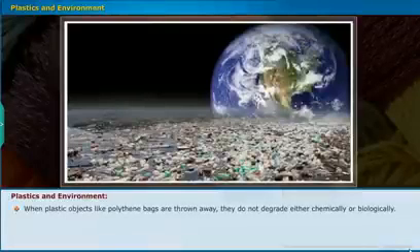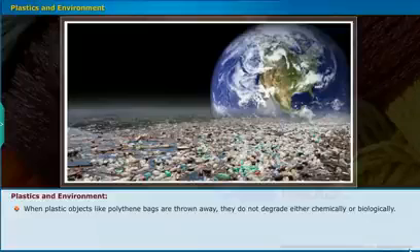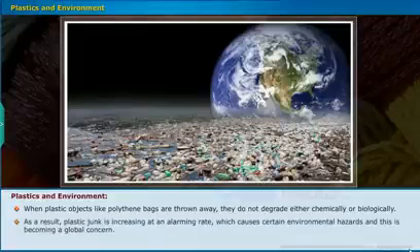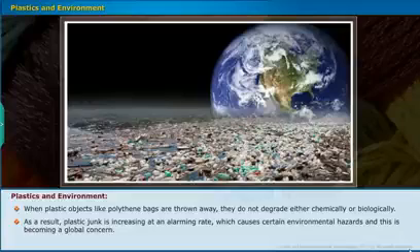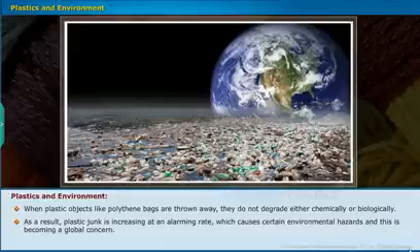When plastic objects like polythene bags are thrown away, they do not degrade either chemically or biologically. As a result, plastic junk is increasing at an alarming rate, which causes certain environmental hazards, and this is becoming a global concern.